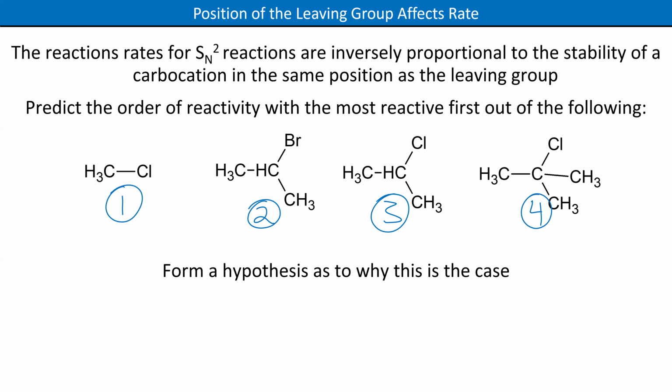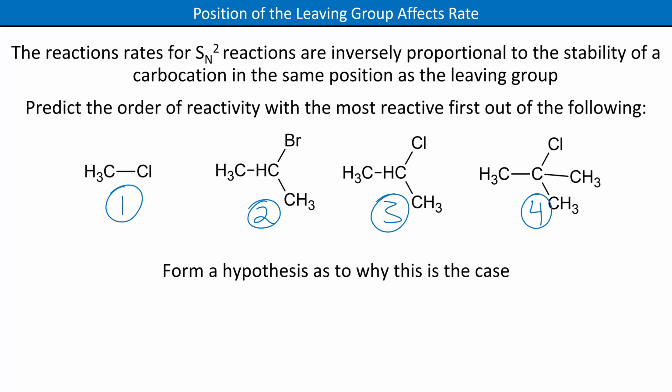And usually that matters less than the primary versus secondary versus tertiary. It is a balancing act because there are two variables at play. How good is your leaving group and how much other stuff is in the way? Those are competing variables.